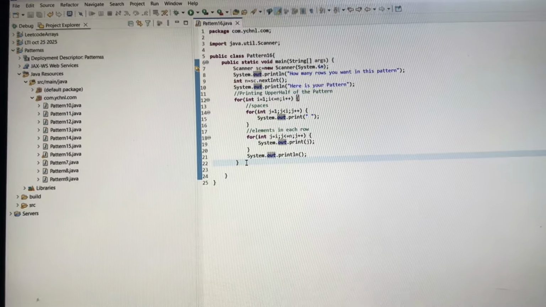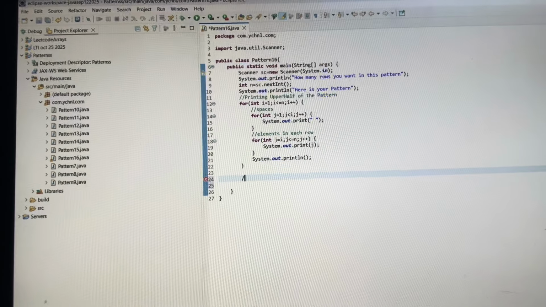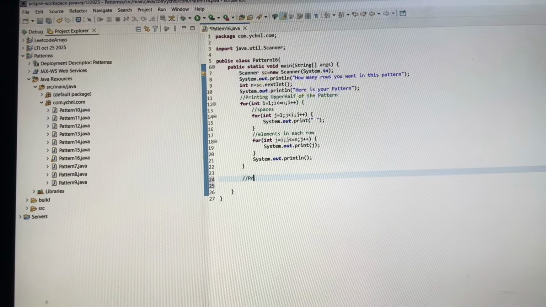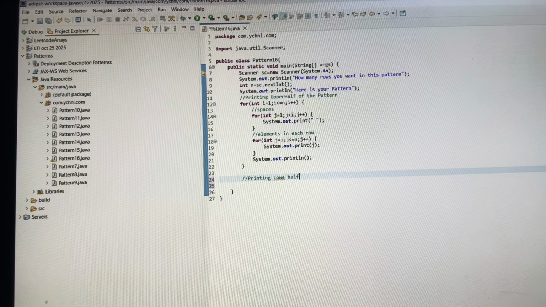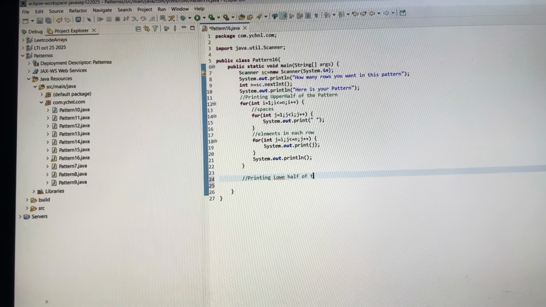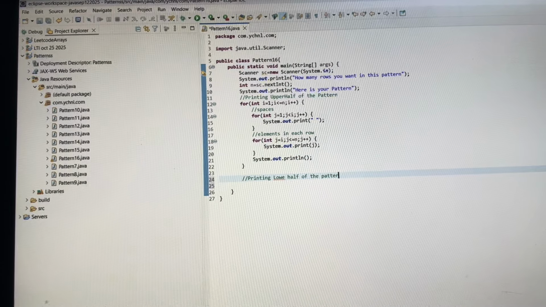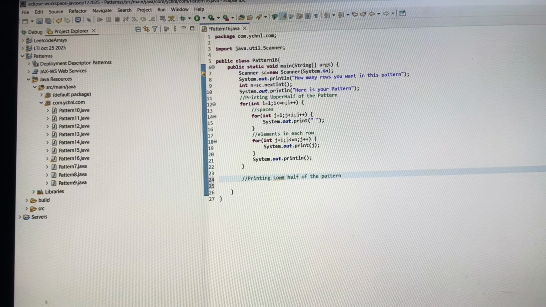Okay, now we will print the lower half of the pattern.